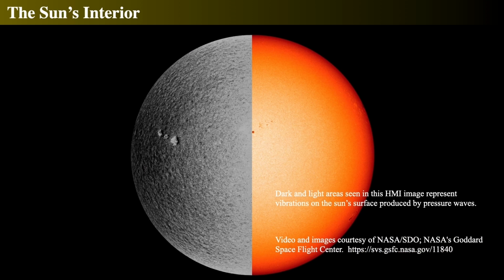And so the Solar Dynamics Observatory has the capacity to see this Dopplergram across the entire surface of the sun. The left-hand side of this image is a Dopplergram taken by the Solar Dynamics Observatory, and the right-hand side is the sun in visible light at the same time. And so we see that there's motion up and down with respect to the sun, and this can be mapped to the interior structure.